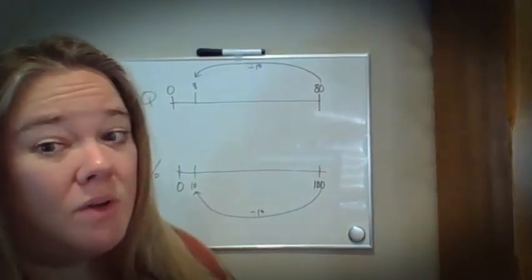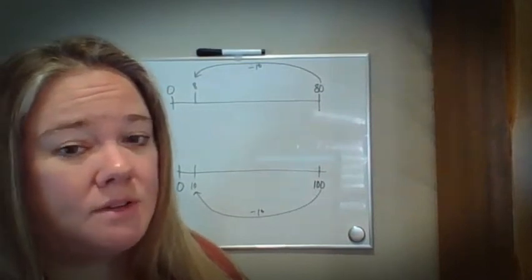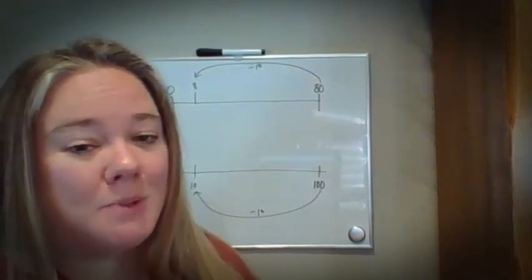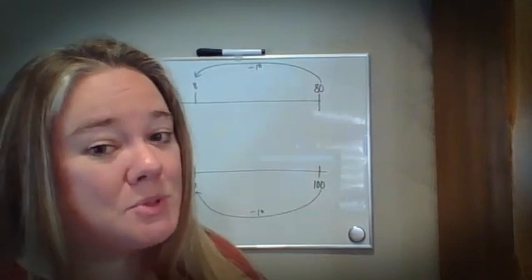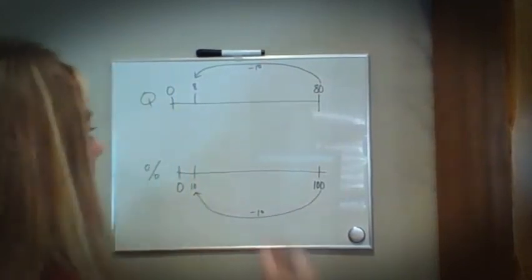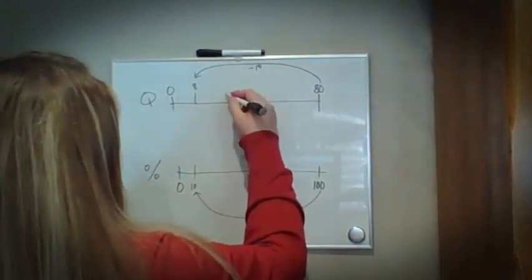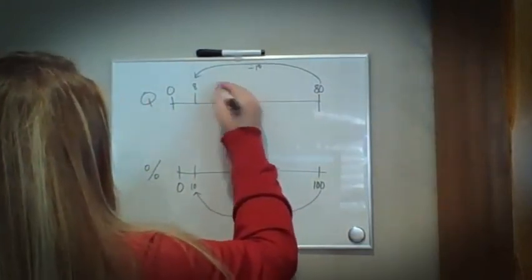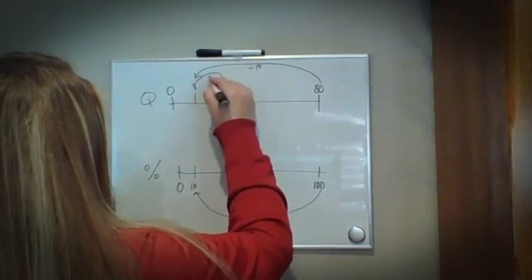I know now that I have to go up to 24. So if you know your multiplication facts, in other words, your multiples of 8, 8 can easily go into 24. So I can move all the way up to 24 through a multiplication of 3.